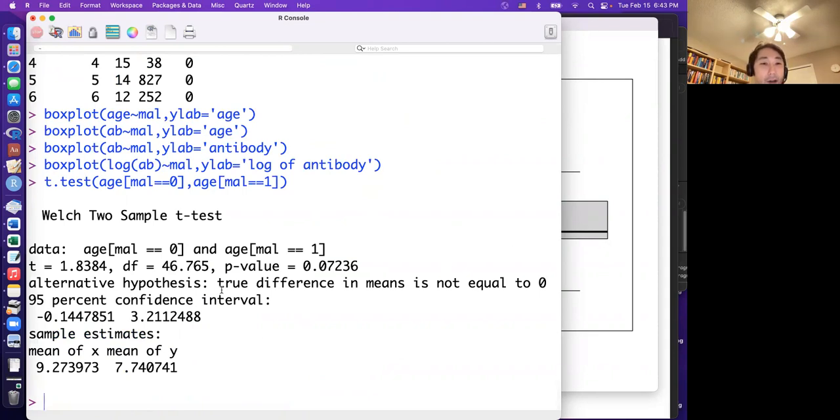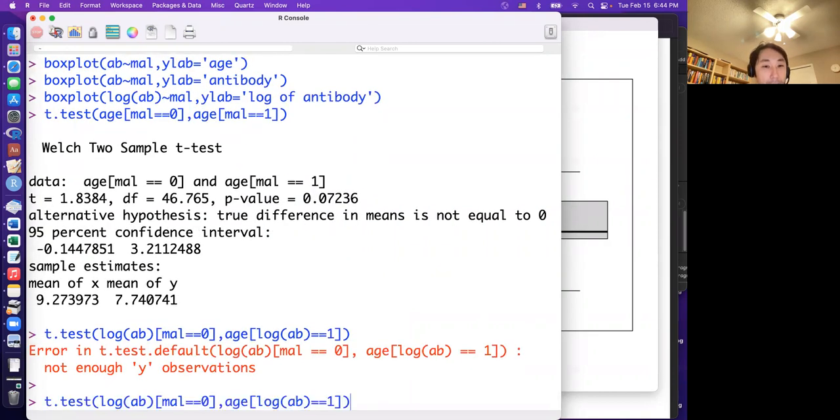Then you can see this. We saw some difference in the graph, and if we calculate the t-value and p-value, we have some difference, but it's not significant at the 10% level. Maybe you can do the same thing for log of antibody, with malignancy equal to 1 and 0.